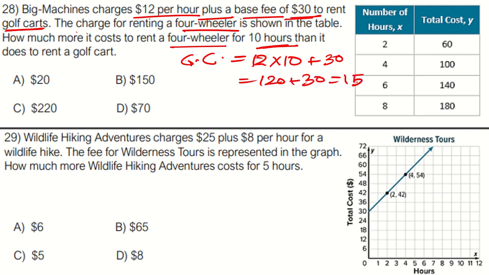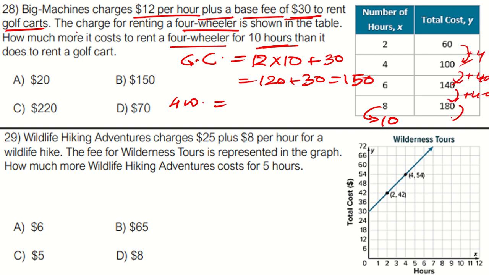Students, here they are not asking us to write the equation, so I'm not writing the equation. I'm just doing it directly, arithmetically. 12 times 10 is 120, plus 30 means 150. Now for the four-wheeler, how much is it charging for 10 hours? You see, every number is increasing by 40 here, plus 40, plus 40.